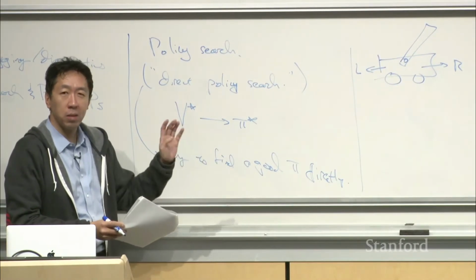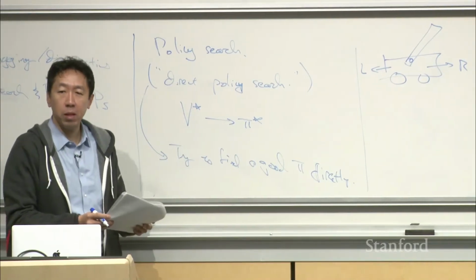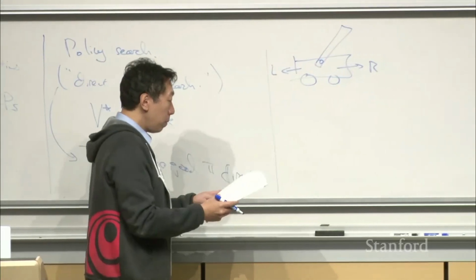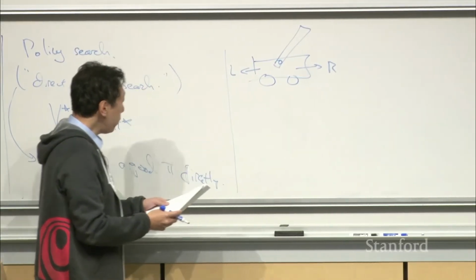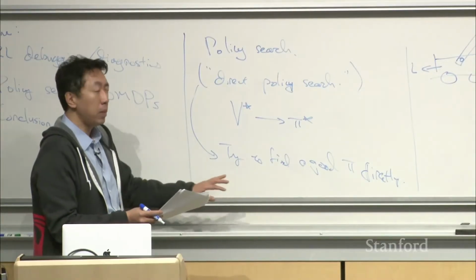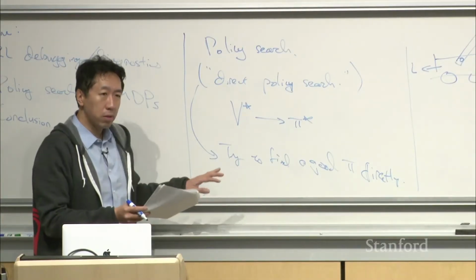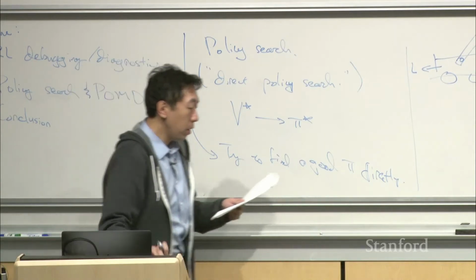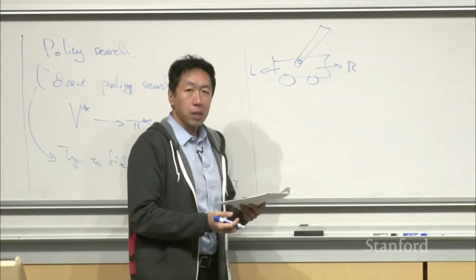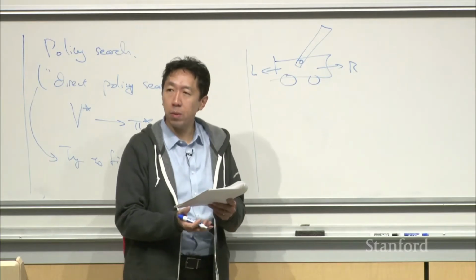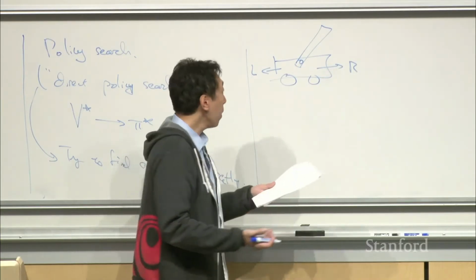You could have more than two actions, but let's just say you have an inverted pendulum with two actions. I'll talk about pros and cons of direct policy search later, but if you want to apply policy search, the first step is to come up with the class of policies you will entertain, or come up with the set of functions you use to approximate the policy.